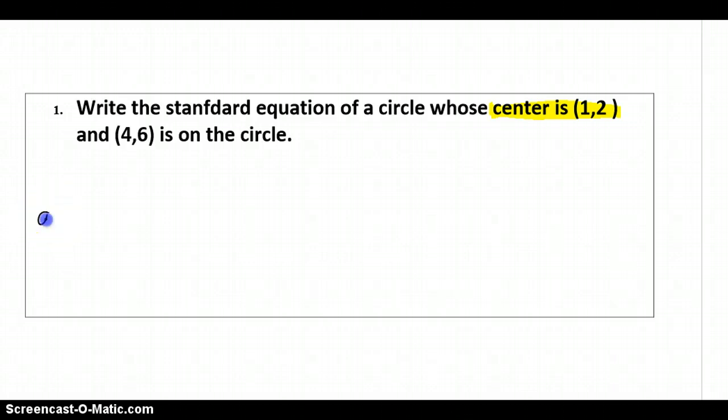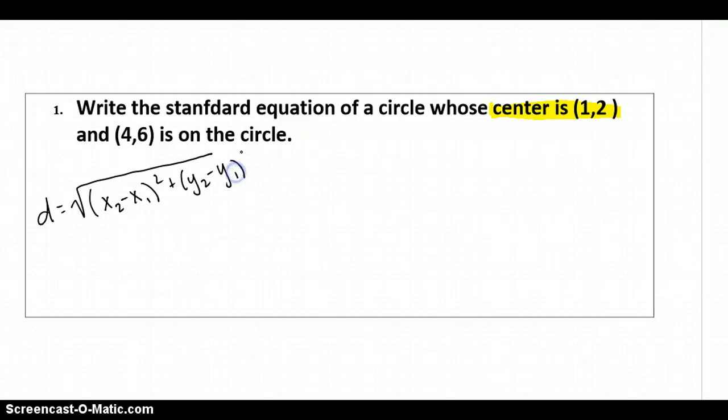Okay, so it's d equals the square root of (x2 minus x1) squared plus (y2 minus y1) squared. Now I'm second guessing myself.